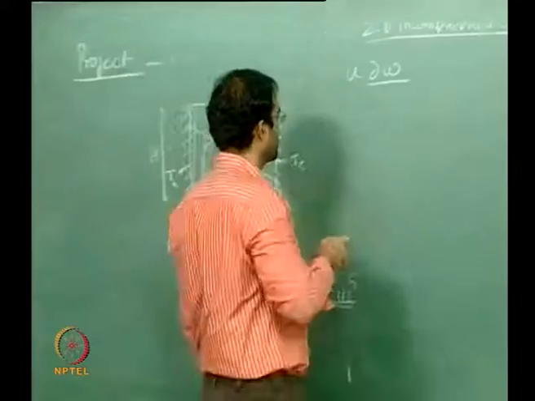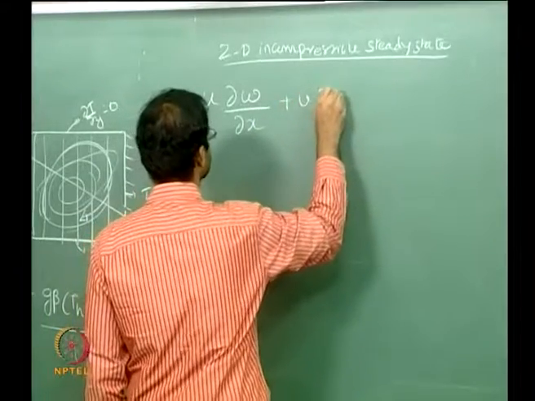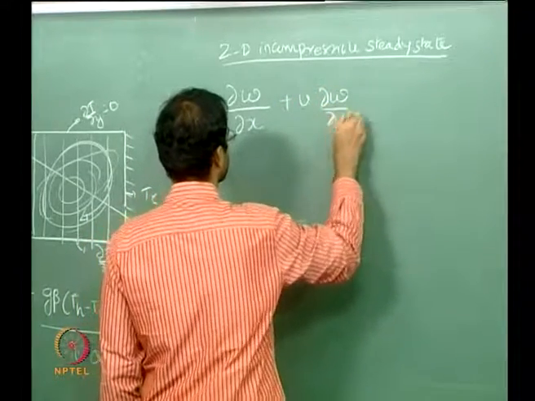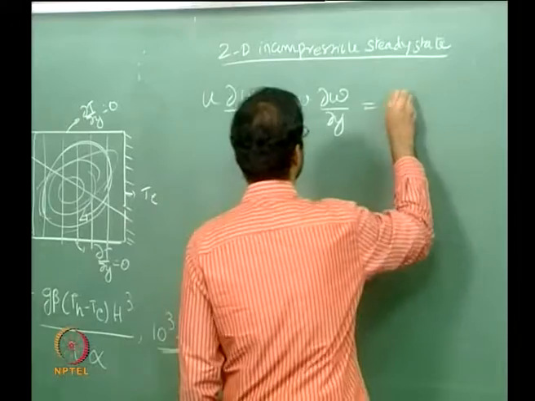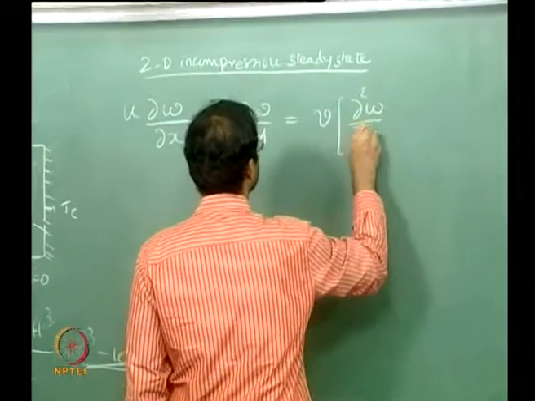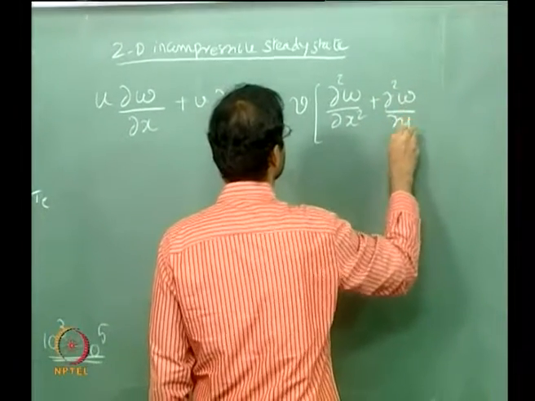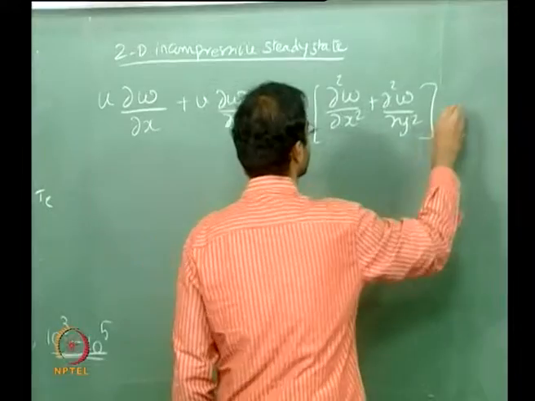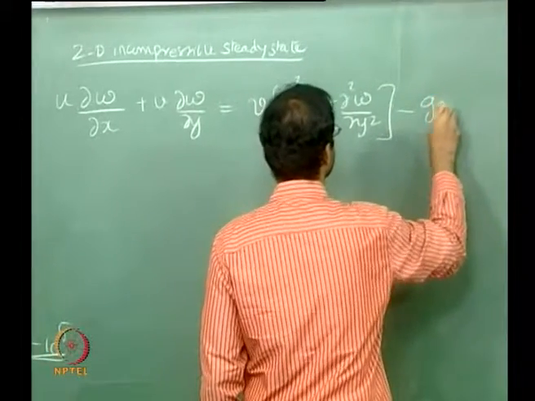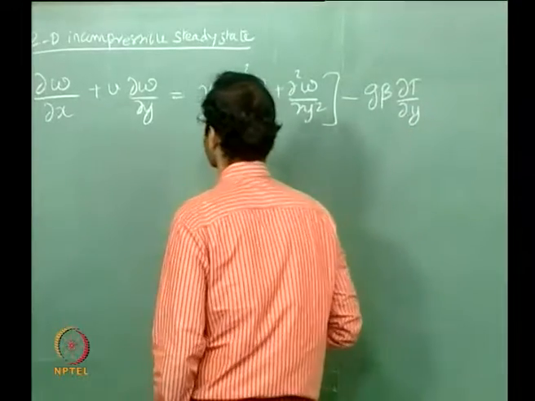So the steady state equation will be minus g beta, it will be dT by dy.